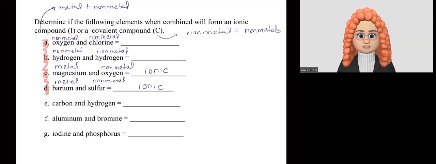So we can observe that in the following problem, letter A and letter B are going to make covalent compounds. Make sure that you practice at home.